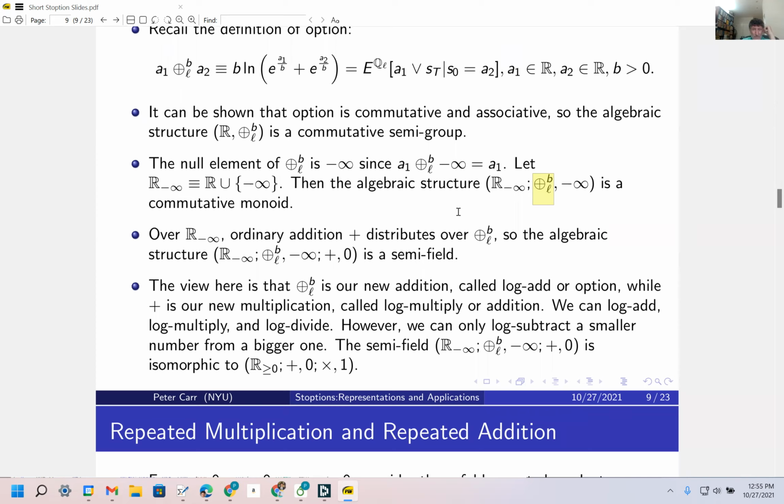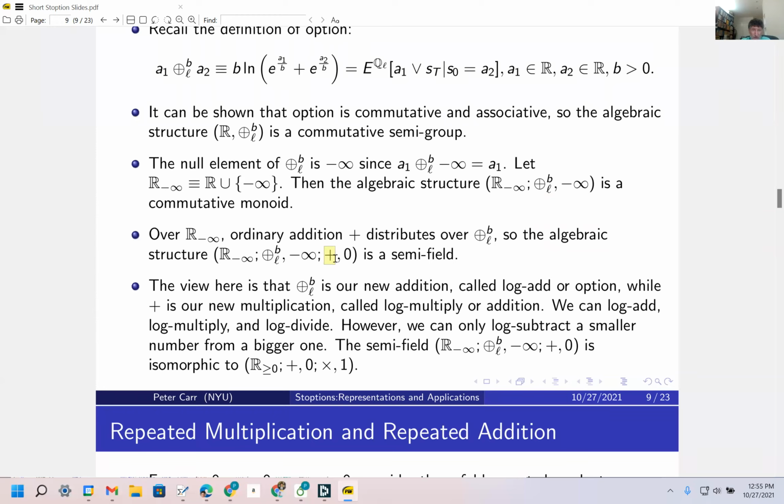So the key thing is that this algebraic structure with a single binary operation, called, let's say, log sum exponential, or also called option, has the property that ordinary addition distributes over the option valuation binary operation. So you can now think of an algebraic structure with two binary operations, this one and that one.